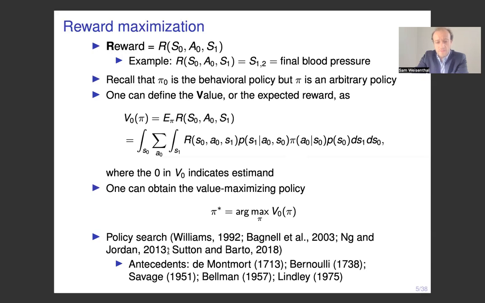Some more recent work in computer science considers sometimes more complex sequential decisions. But this idea of expected reward, and finding a treatment strategy or an action strategy that maximizes expected reward, has a very long, rich history. So we can build on some very strong work in our application of this to medicine.